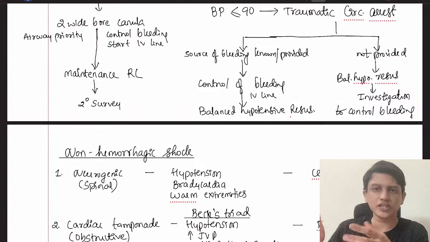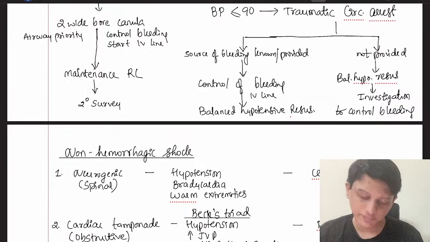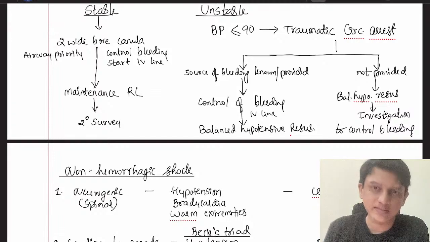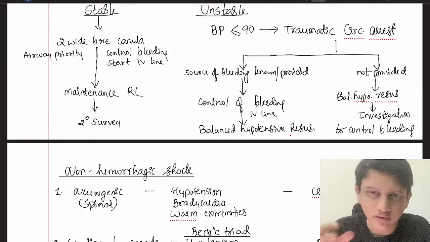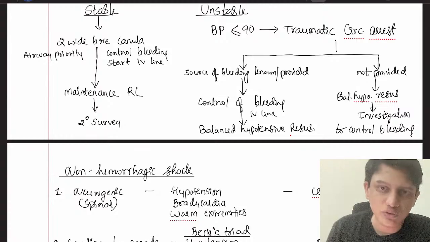Then you do some investigation, X-ray, ultrasound or something, to know where exactly it is bleeding. That is the rule. Once you find out the exact site of bleeding, then, as I told you, if it's a hemothorax, what to do. If it's abdominal bleeding, I'll tell you later in abdominal trauma. Like that, you can do the treatment later on while finding the source of bleeding.